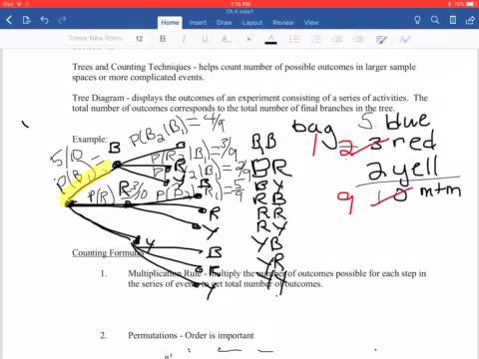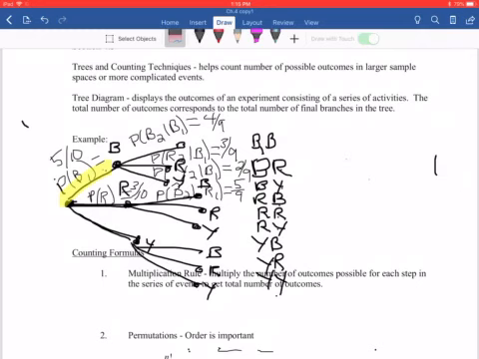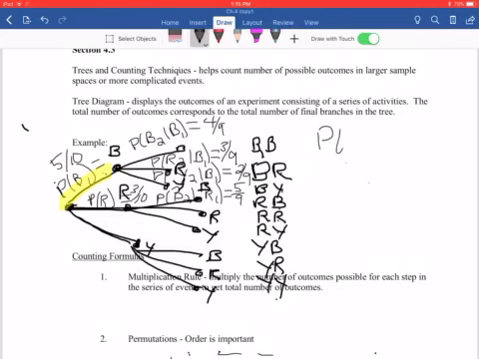Okay, this gets a little bit confusing. So now, I'm going to erase this just for now. If I'm calculating the probability of blue on the first and blue on the second, this BB thing, what I'm doing is I have to start at the initial node and follow the probabilities through.